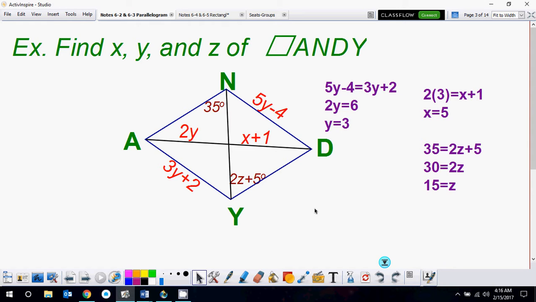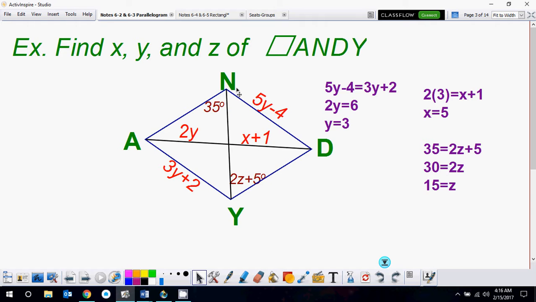Alright, so for finding z, you'll notice that in maroon there we have 35 degrees and 2z plus 5 degrees. So remember, since this is a parallelogram, that means AN and DY are parallel to each other. So that means 35 and 2z plus 5 are alternate interior angles.